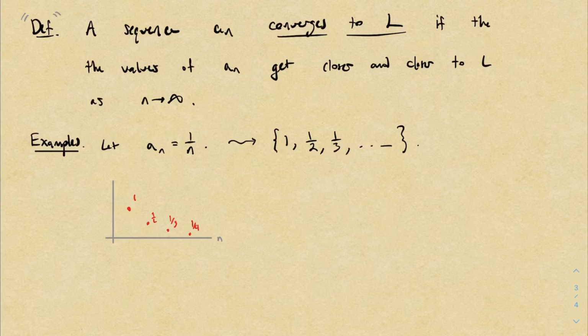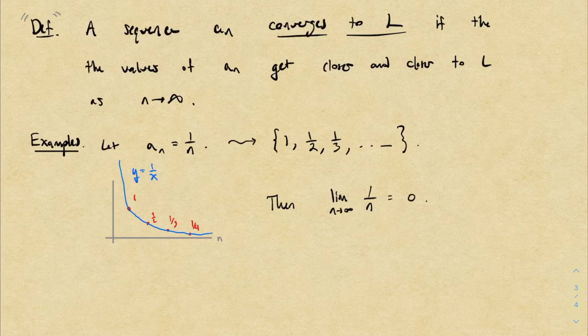Those are very close to 0. And it seems like as n gets bigger and bigger, this list of numbers is approaching 0. Nothing groundbreaking, but this is our first example of a sequence which converges. The limit of this sequence is 0.